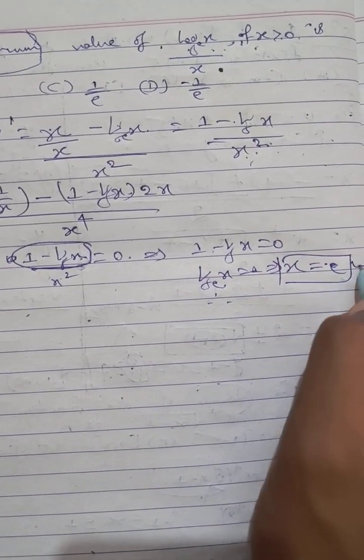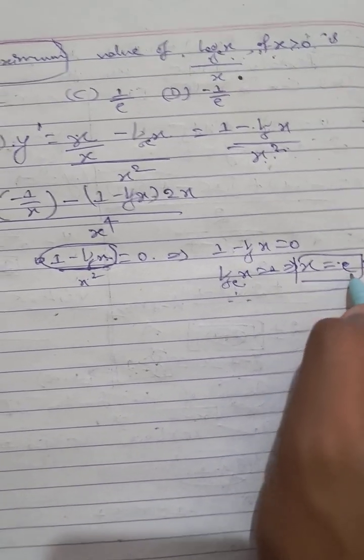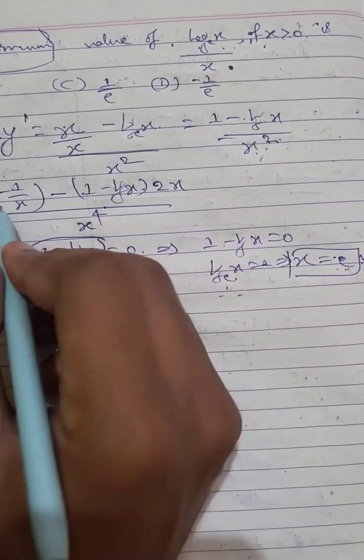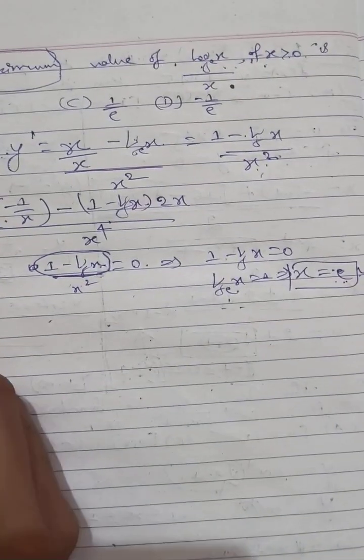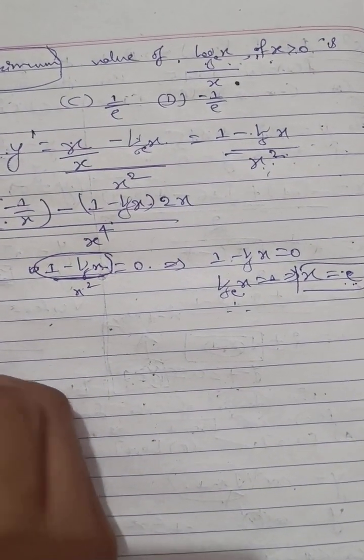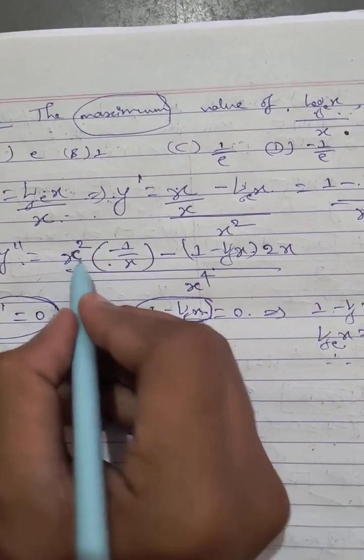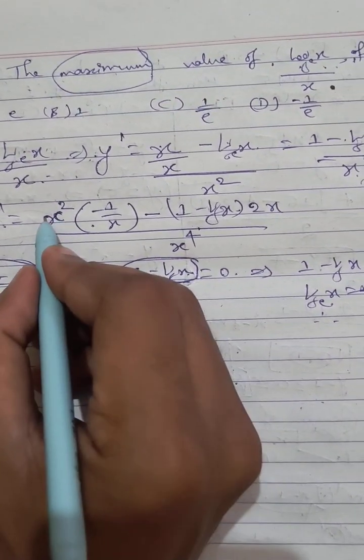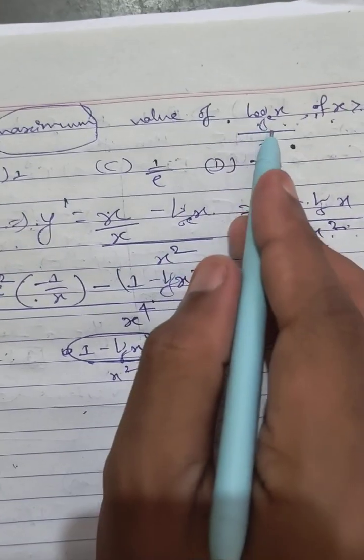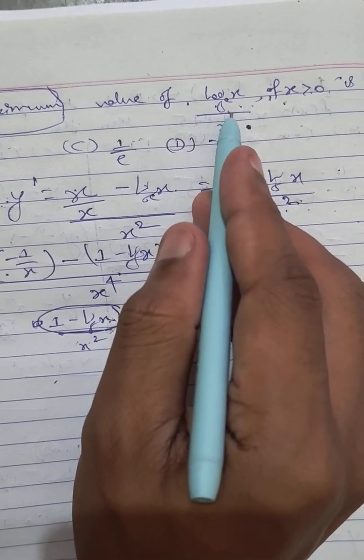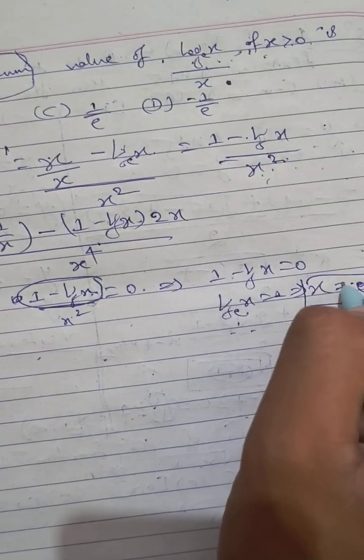So we got x equals e as a critical point. Now substitute this critical point x equals e into the double derivative, and we'll get y double dash. How do we find the maximum value? This function attains its maximum value at the critical point.